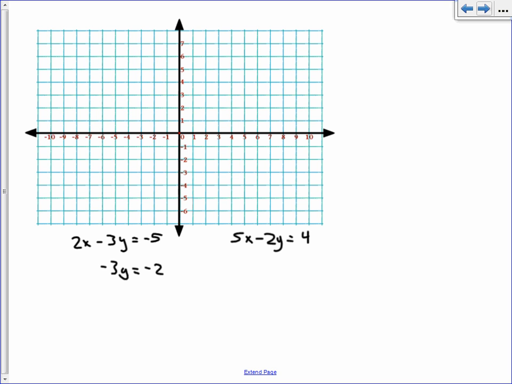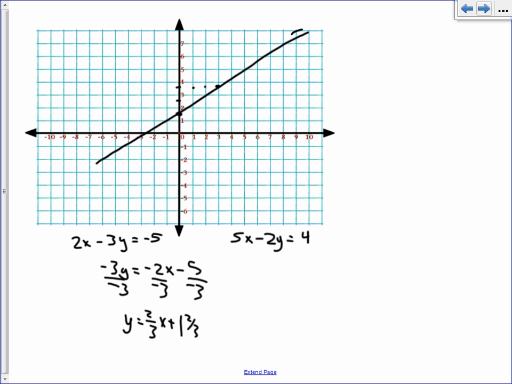You get negative 2x minus 5, divided by negative 3. 5/3, guys, that's an estimation. So 2/3 x plus 1 2/3, that's 5/3. I'm just guessing at where 1 2/3 is. My slope is up 2 and over 3, so I count up 2 and right 3, and again I'm estimating where that's at.